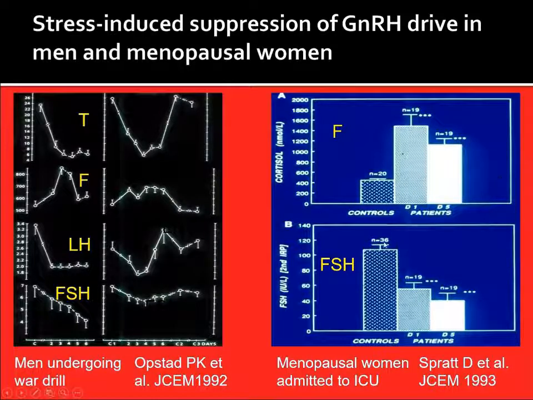And then this is actually postmenopausal women. So they don't have any estradiol already, and they're in the ICU for a reversible cause. So when they first present, they survive whatever the cause is. They have very high cortisol levels, and by day 5, they're starting to recover, so cortisol levels go down.